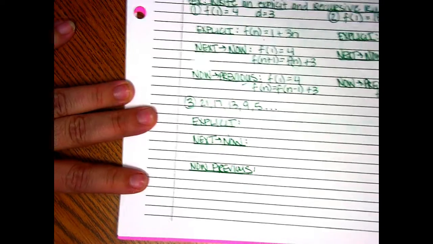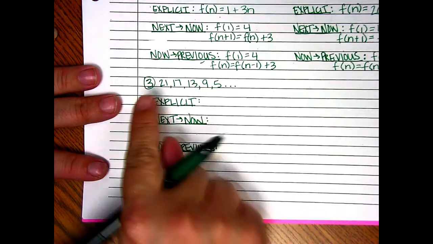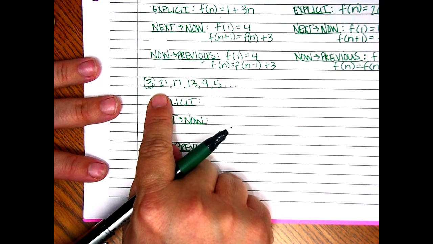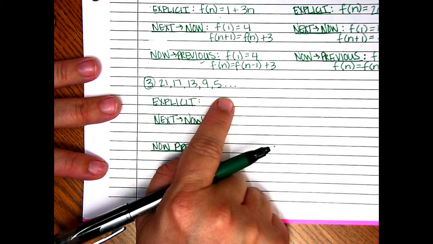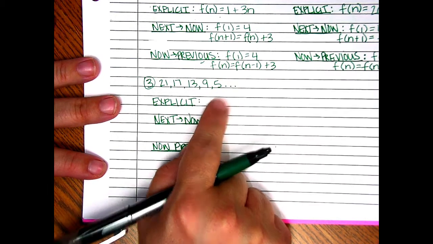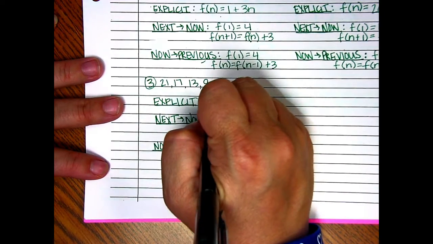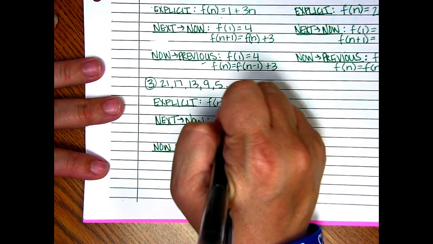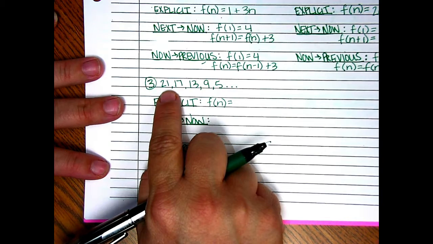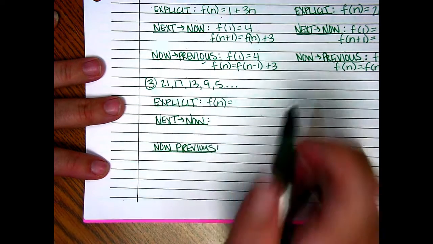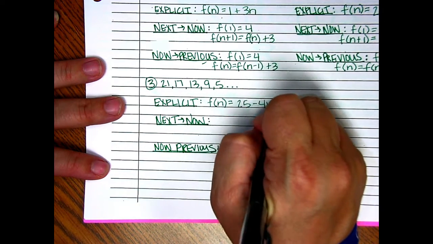For example number 3, I wasn't outright told what f of 1 and d is, but we're given the sequence 21, 17, 13, 9, 5. So from this I can get obviously both. So for my explicit, I have f of n equals, my common difference here is negative 4, which is going to make my zero term 25 and then minus 4n.